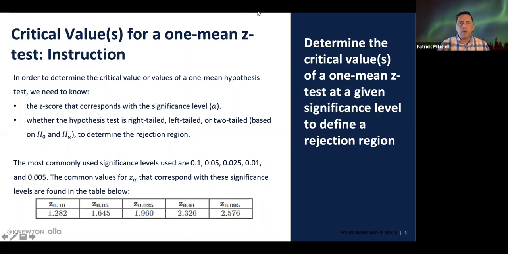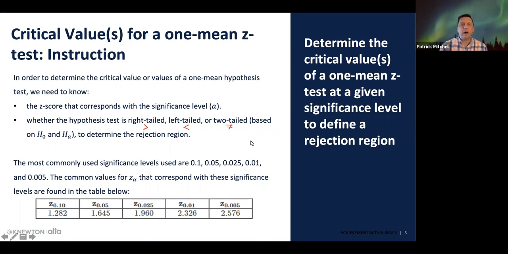I think we talked about this in the last video, but it doesn't hurt to say it again. It's going to be a right-tailed test if the alternative hypothesis has a greater than sign. It's going to be left-tailed if the alternative hypothesis has a less than sign. And it's going to be two-tailed if the alternative hypothesis has a does not equal sign.